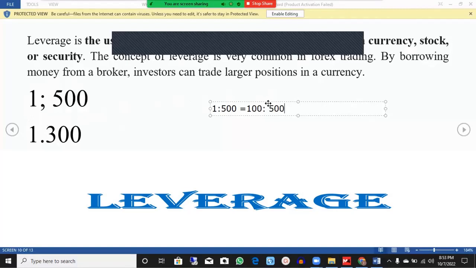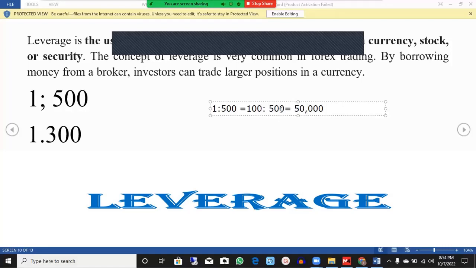So let's take, for example, someone who did 1:500 and he funded $100. This is how much the broker will actually have given to him. $100 times 500, so the broker would have given you $50,000 because you used 1:500.